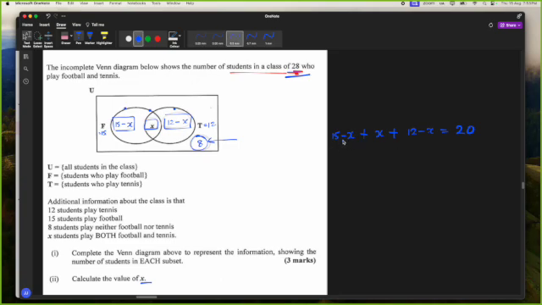And so I could see that this x and this x gone. I'll have 15 plus 12 is 27. Minus x is 20. I throw this x across, I throw this 20 here. So x will be 27 minus 20. X is 7.